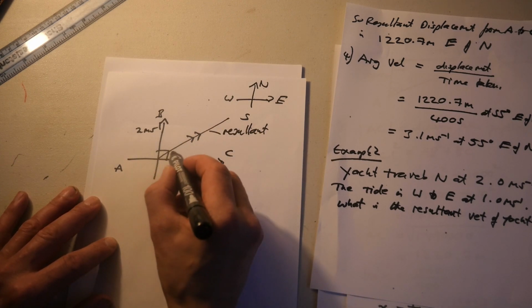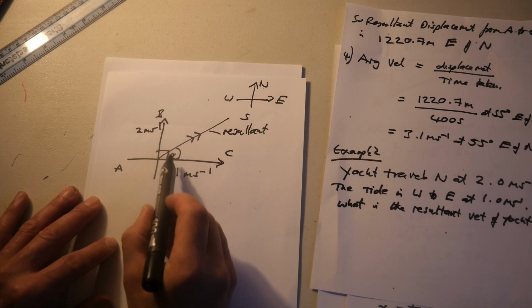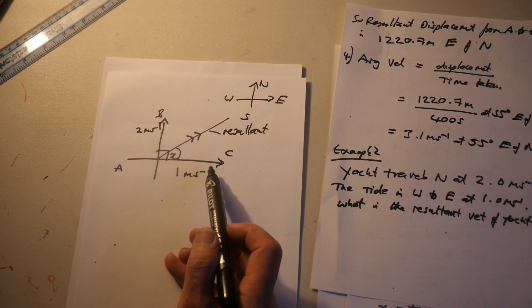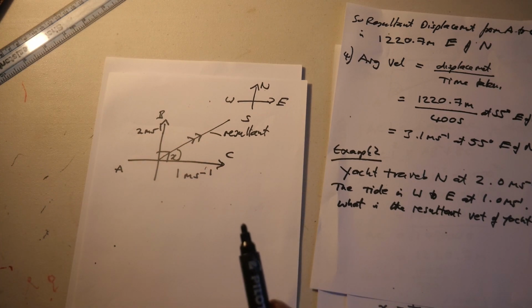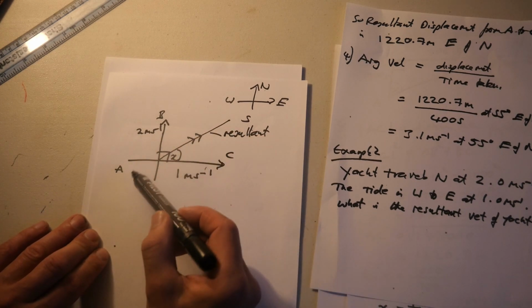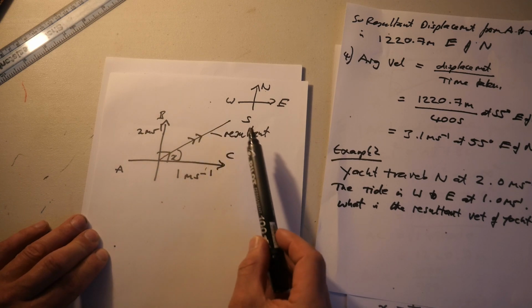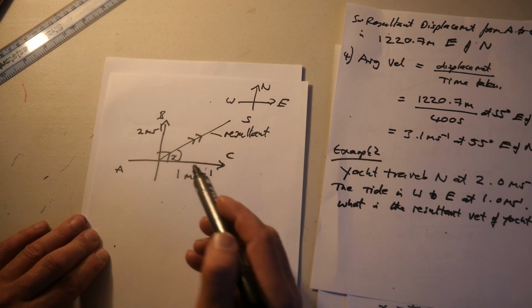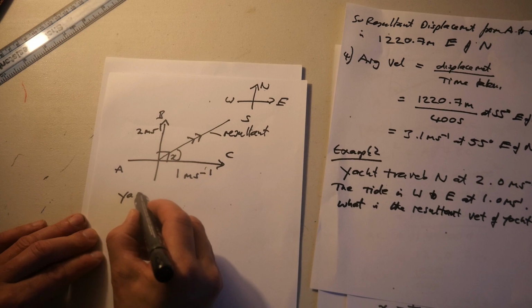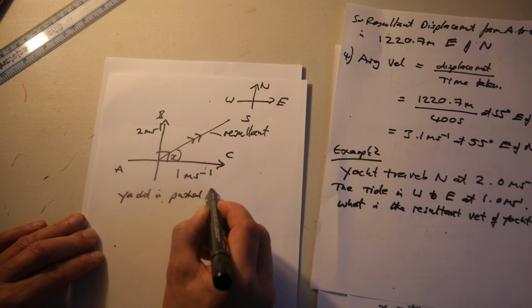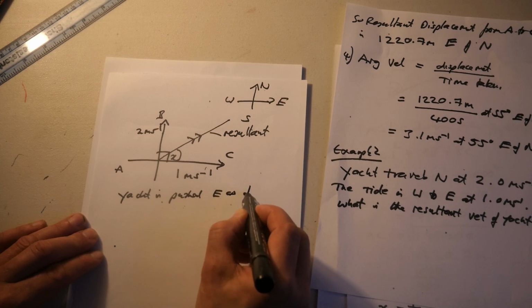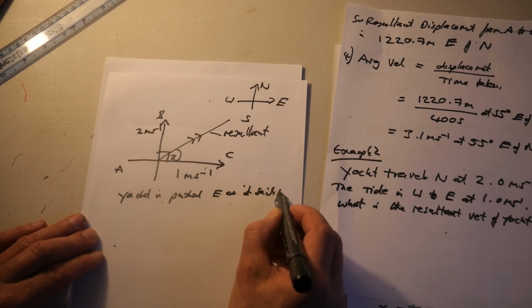And there's an angle x involved up from the east, the x-axis. So the yacht is basically pushed, although it's moving northwards, it's being pushed east as it sails north.